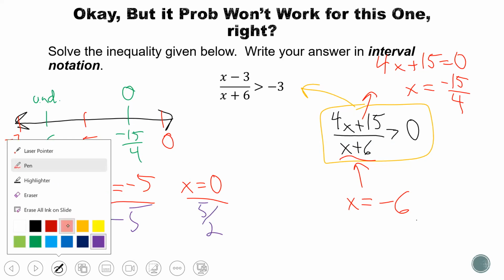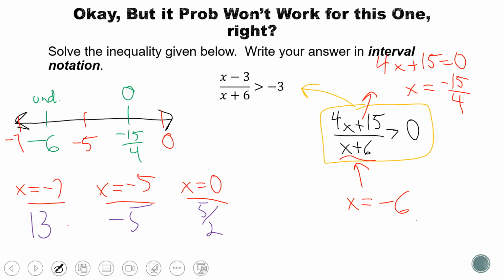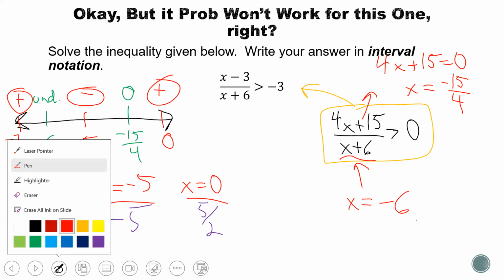If we then use that to label the areas in our number line, since negative 7 gave us a positive number, we know that for all values less than negative 6, the expression gives positive values. Between negative 6 and negative 15/4, since negative 5 gave us a negative value, we know everything in there will be negative. And then since 0 was bigger than negative 15/4 and it gave us a positive number, we know that for all values up there, we have positive.